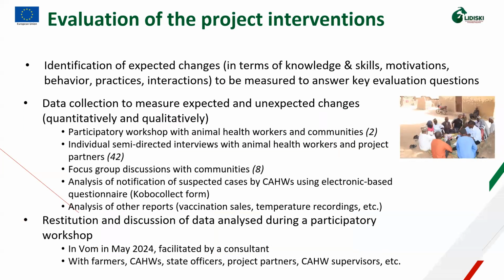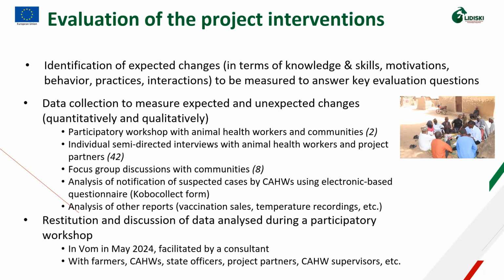If you can move to the next slide. So how we'll do that is that for all the 3 evaluation questions, we're going to identify changes. So changes can be very different in terms of knowledge and skills. So for example, are the cows able to better identify diseases?